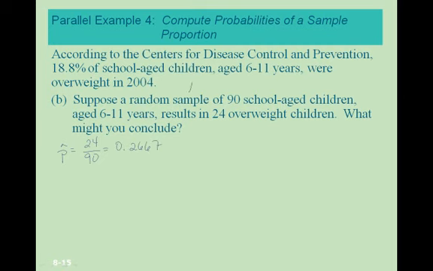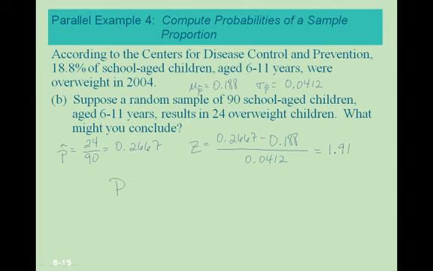And remember that we calculated previously our mean of p hat was equal to 0.188, and our standard deviation for p hat was 0.0412. So let's use our z-score for p hat, and we'll take p hat, which we found to be 0.2667, minus the mean, which is 0.188, divided by the standard deviation of 0.0412, and we'll get approximately 1.91.